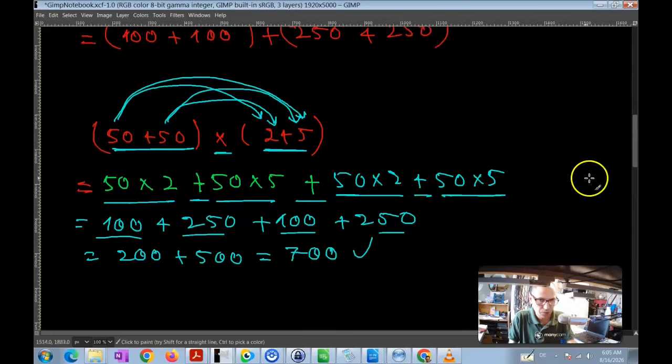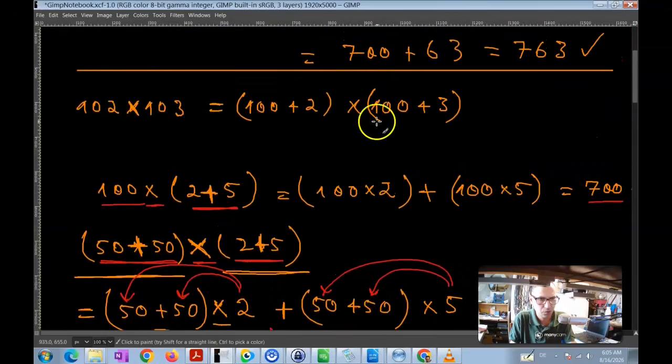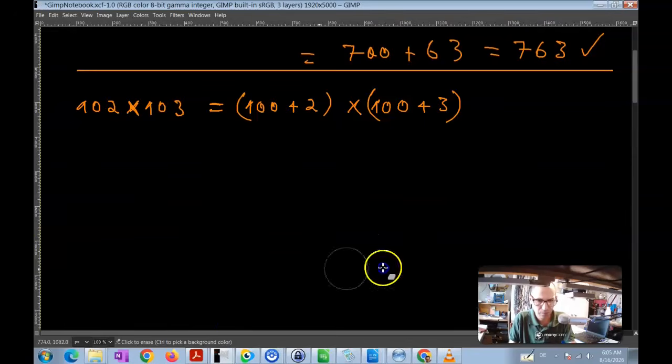So then if I come back to my original problem over here, I have 102 times 103. Now if I were to do this calculation by hand, I would have 102 times 103 and then multiply.